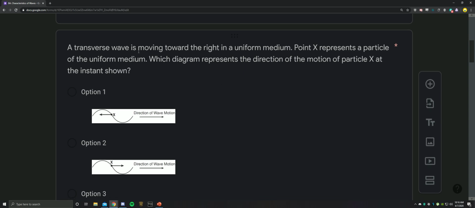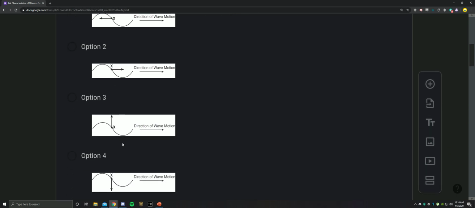So this transverse wave is moving to the right. Point X represents a particle of uniform medium. Which diagram represents the direction of motion of particle X at the instant shown? We talked about this at the end of the PowerPoint, at the end of the lesson. If your wave moves to the right, then the left side of your particle predicts where it will be.